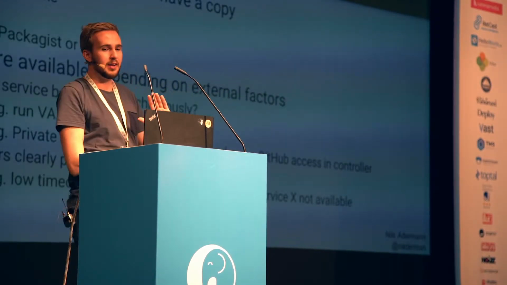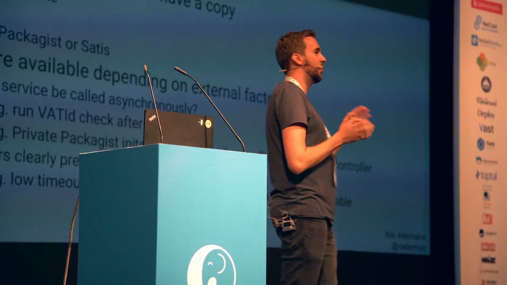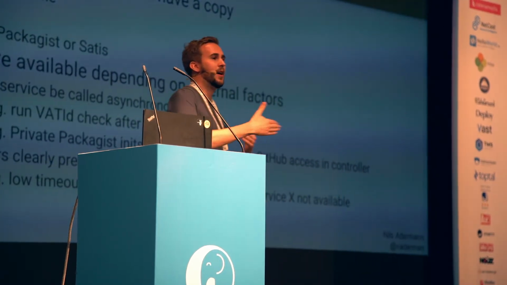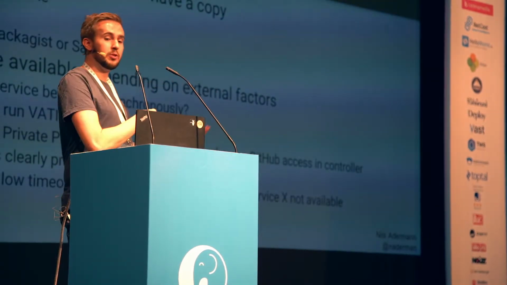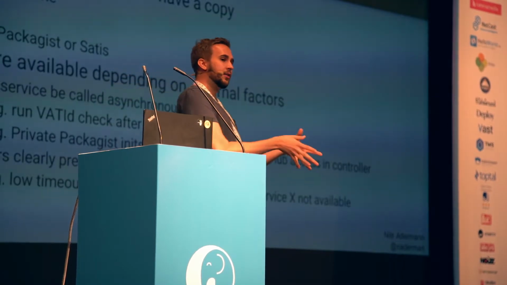So if in any way possible, try and move these runtime dependencies to as isolated a location as possible and try and have them not interact with users as much. Another example, when we were building private packages, we don't want to rely on GitHub being available.